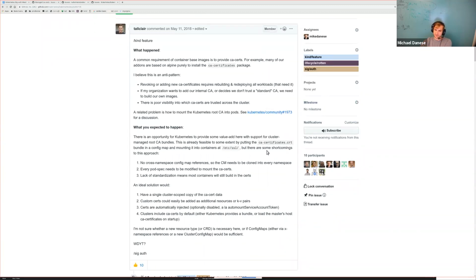We don't have very good facilities for managing shared CA certificates as config maps. One of the big problems is you don't have cross namespace config maps or global config maps. And we don't have a lot of tooling for managing these bundles.